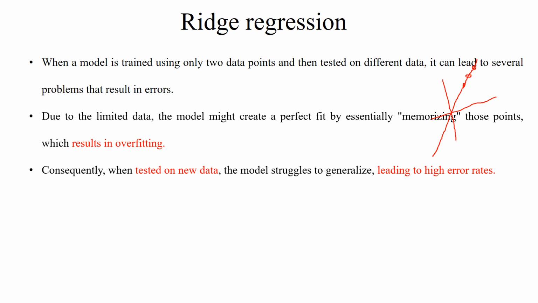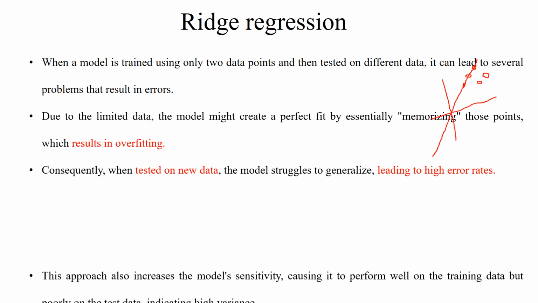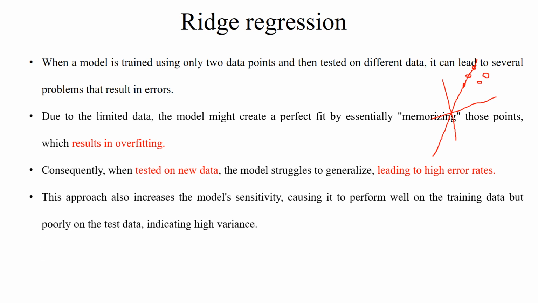The reason is when new test data are introduced, in case these two data points are the new test data, the model will struggle a lot and it leads to high error rates. This increases the model's sensitivity, indicating a high variance because of the overfitting.